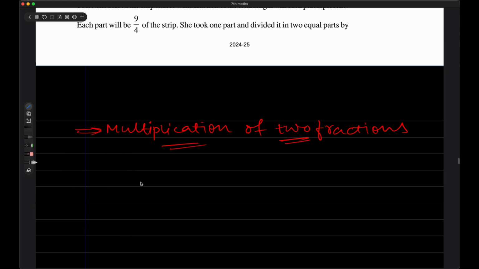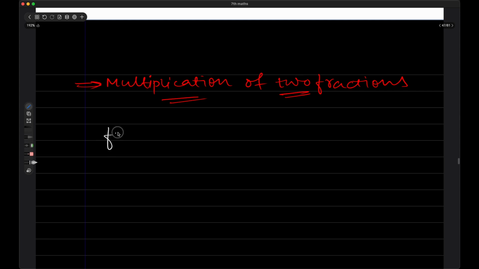Multiplication of two fractions. A fraction is of the form a divided by b, where a and b are natural numbers.